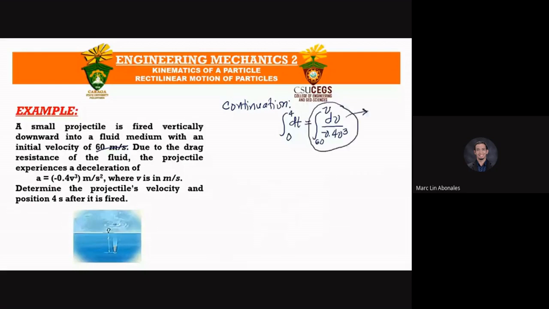since our denominator is v cubed, to make it easier to integrate, we can actually raise v cubed to the numerator, and what happens is its exponent, instead of positive 3, becomes negative 3. So the other way to write the right side of the equation will be negative 1 over 0.4, since it is negative 0.4, you can bring out the negative, since the right side of your equation is still a negative value.